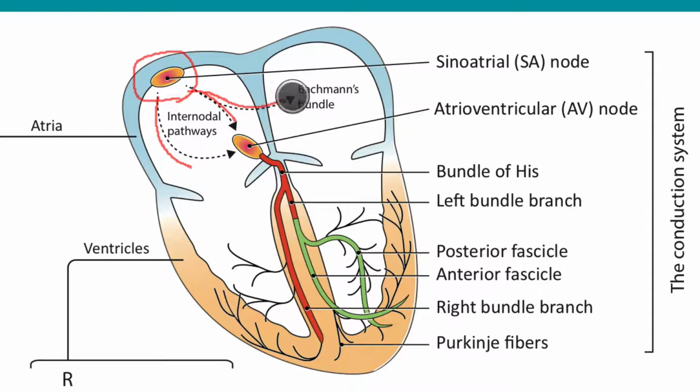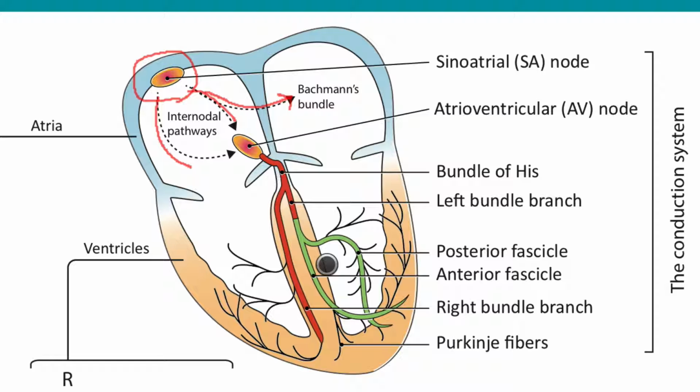This is the spread of the impulse in the atria, and when the impulse arrives at the AV node, it will be delayed slightly because impulse conduction through the AV node is slow, and then it will continue in the bundle of His, which is branched into the right bundle branch and the left bundle branch, which again is branched into the posterior fascicle and the anterior fascicle.